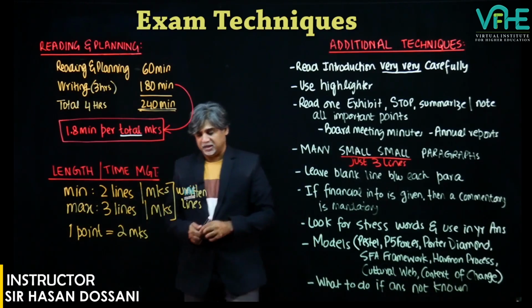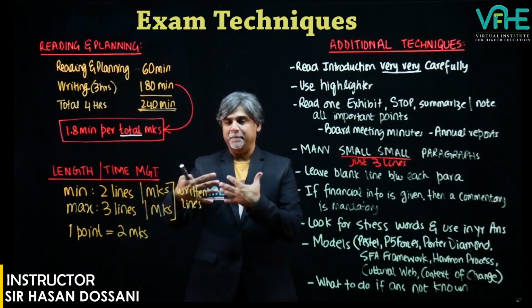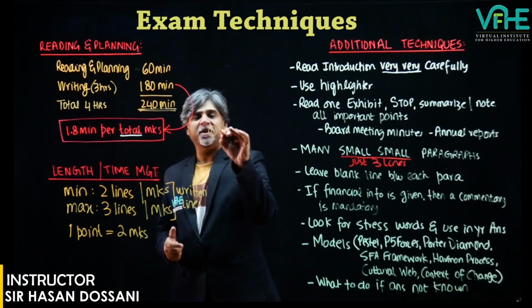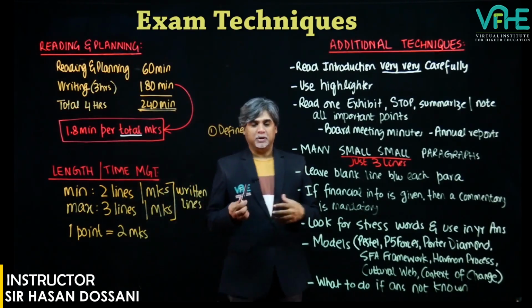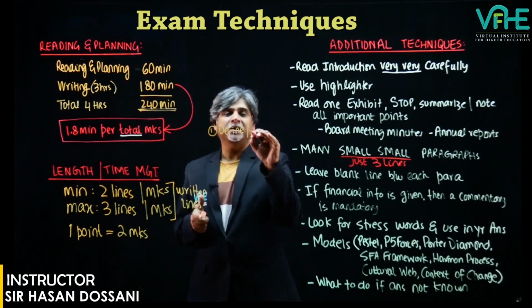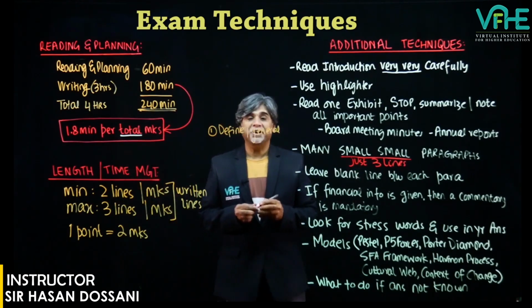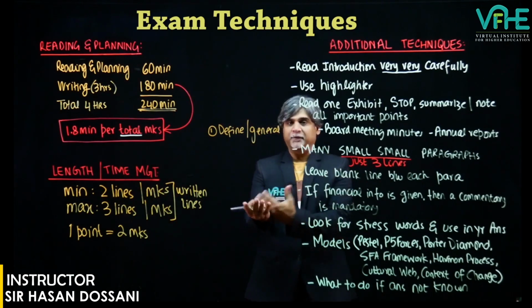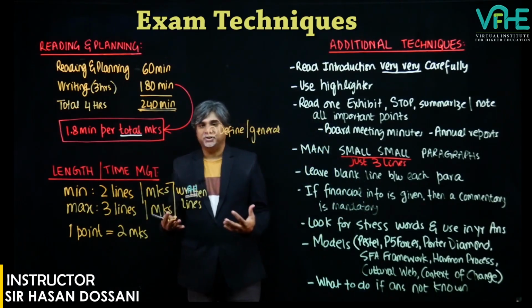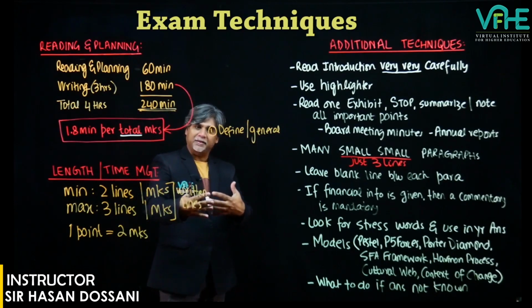I can suggest three things. If you don't know the answer, or if very limited information is given, the first thing is you define. In SBL, there are no marks for definition or a general answer. But what to do? If it's 18 marks, we need to fill up certain space, right? So if you don't know the answer, the first thing you can do is try and define that topic.